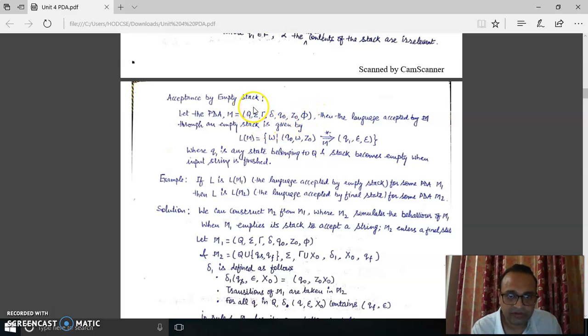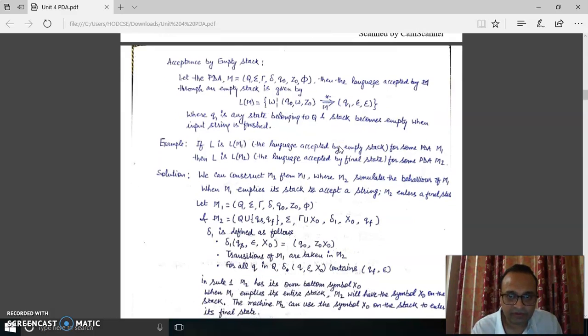So we are representing with the help of empty stack, and the language L(M) will be the set of strings such that if we start from the Q0 state and consume the entire string, with the initial stack top symbol being the stack initial symbol, finally you come to some state Q1 and the string is completely exhausted, and the stack top symbol has been exhausted.